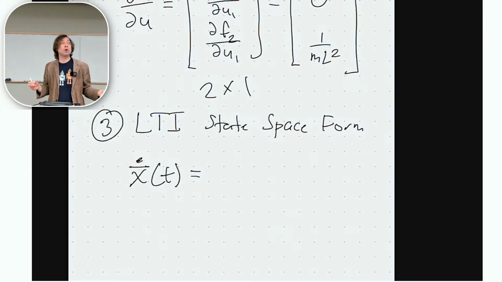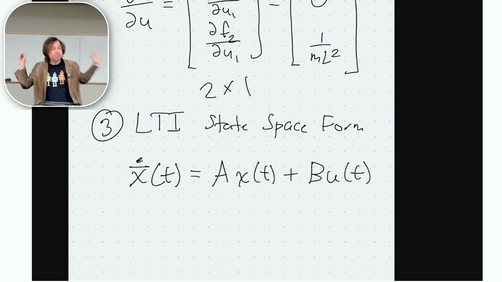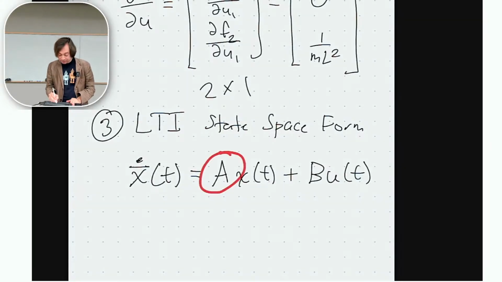LTI state space form. x dot is equal to Ax plus Bu, plus all the widgets on the end, the of t's. x of t, u of t. Now we just need to know what the A matrix is.